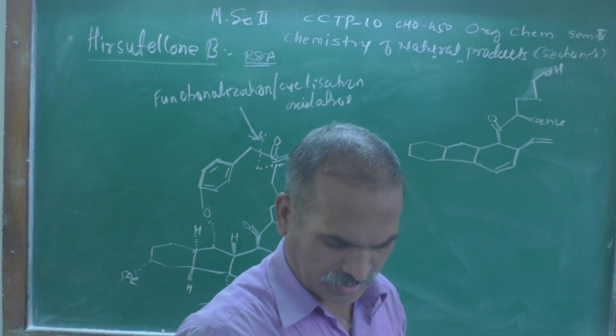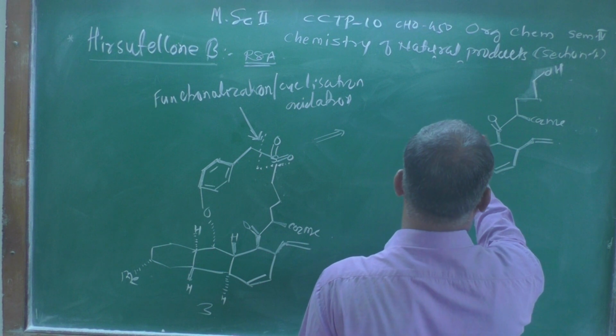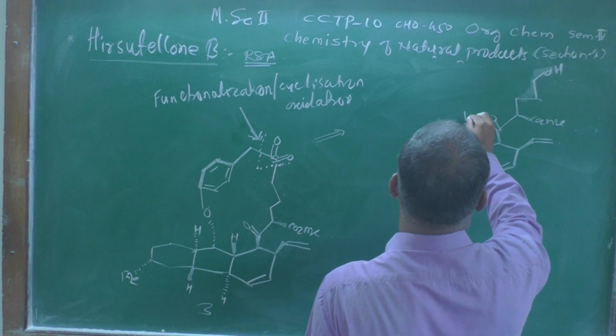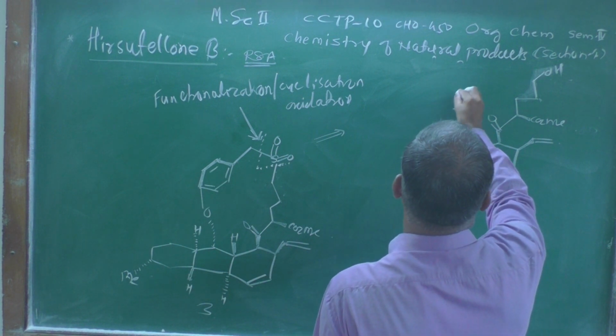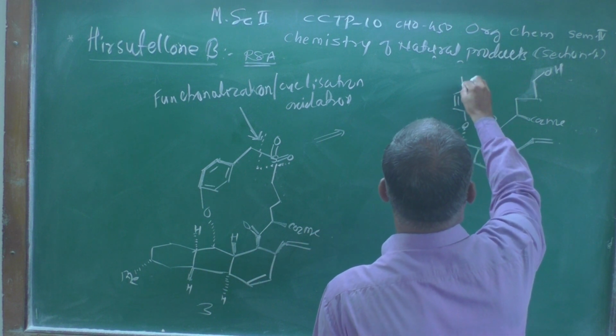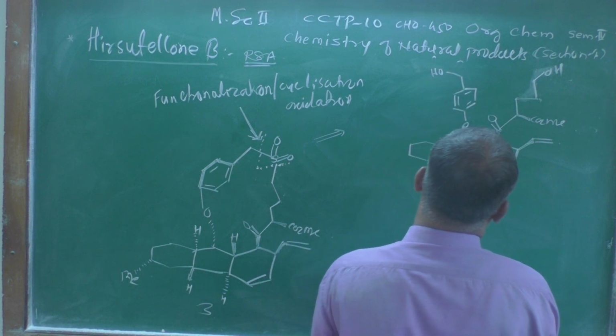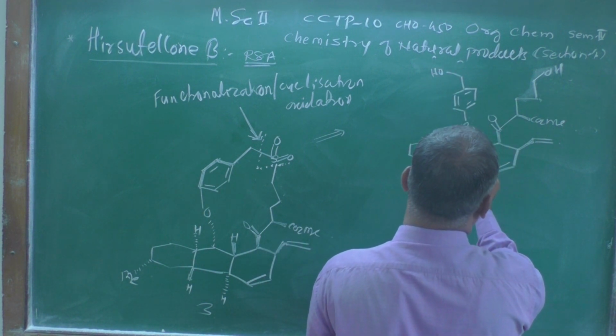So we get this compound, and after that here will be O, the compound which I am representing here, that is HO, and the rest of the thing remains as it is.